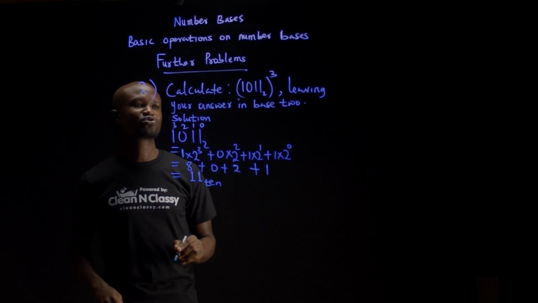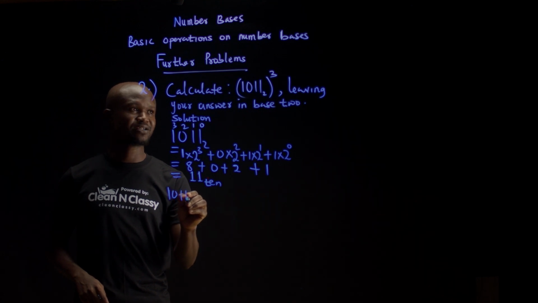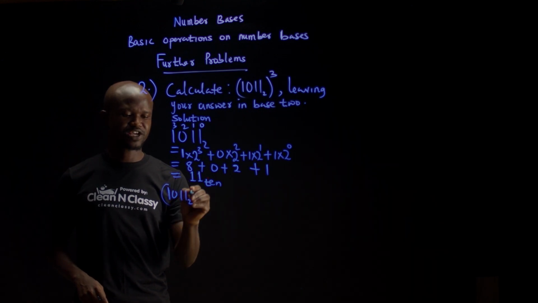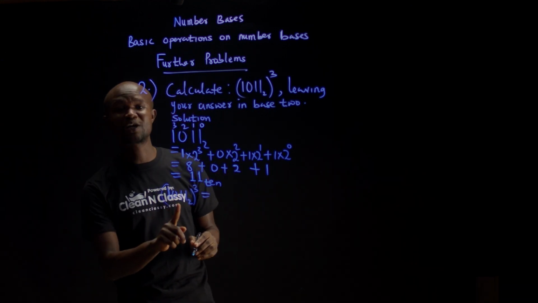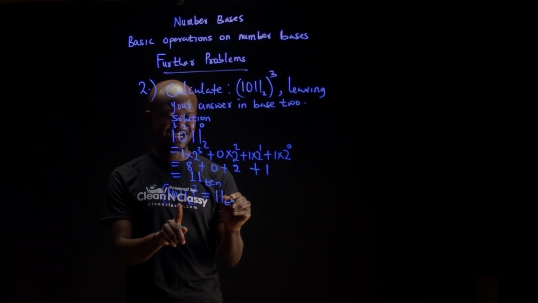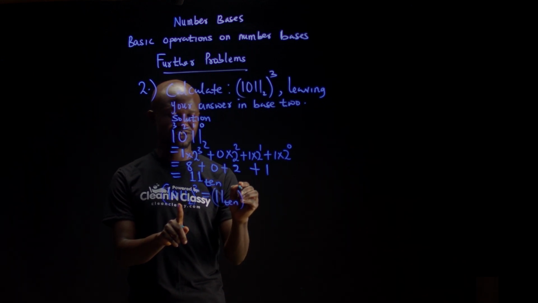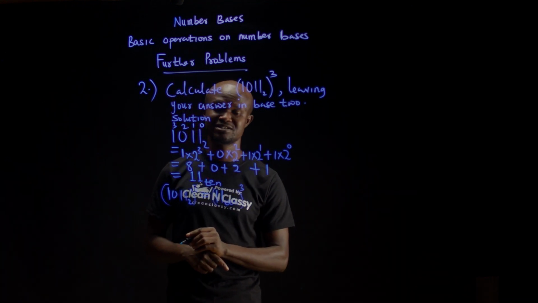Take note. So now, we're asked to find 1011 base 2 raised to the power of 3. So meaning that this is equal to what? We know the value of this in base 10. So this is 11 base 10 raised to the power of 3. We are going to multiply this out.